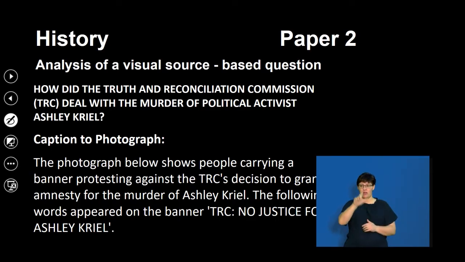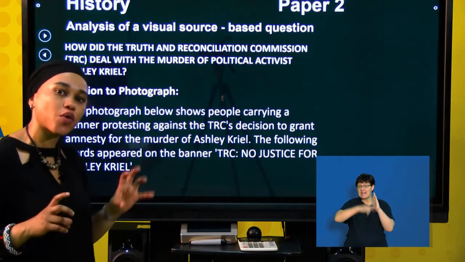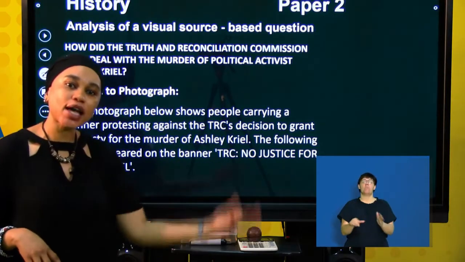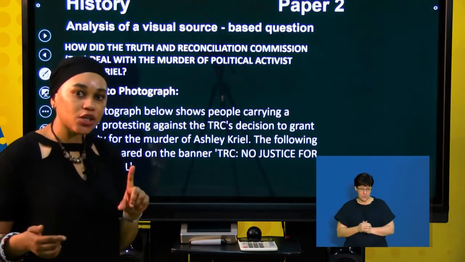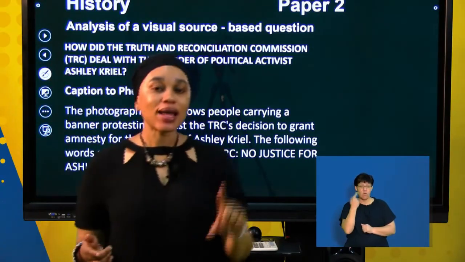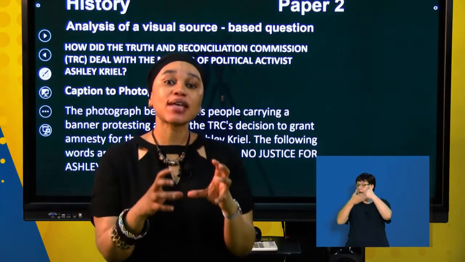Now, let's look at the caption of this photograph before I show you the photograph. Guys, you will remember I told you that reading captions is very important, whether it's a textual source or a visual source. Remember what I said to you. Reading the caption helps you contextualize the source.